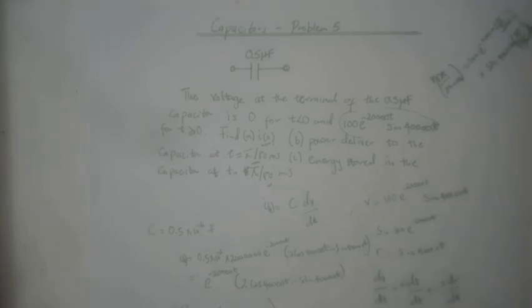So we say 1 over 2 multiplied by 0.5 times 10 raised to the power minus 6, V is 45.59 squared, and that would be equal to 5.19 times 10 raised to the power minus 4 joules. And that is how you solve an equation of this format based on capacitors. See you next time.